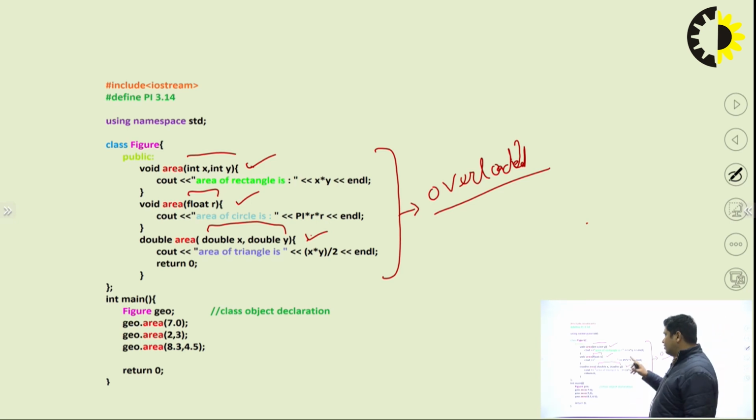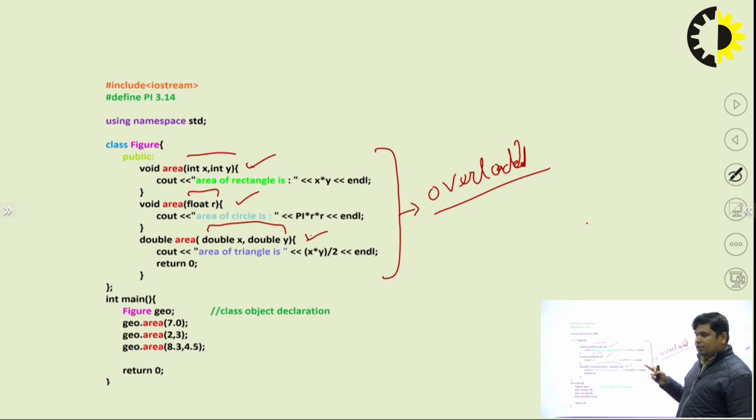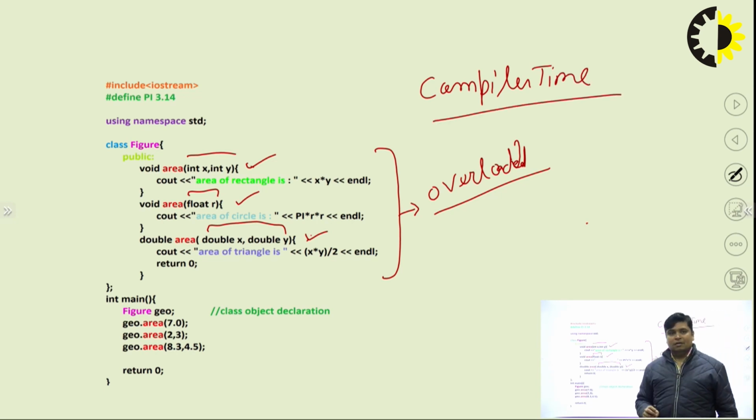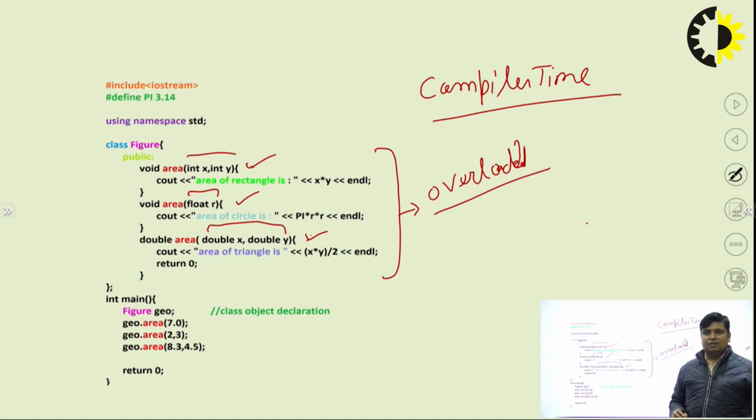Second thing, the resolution of the call is done at compile time. Compile time means what method will get the chance is decided at the compilation time.